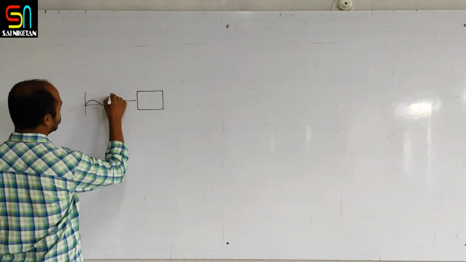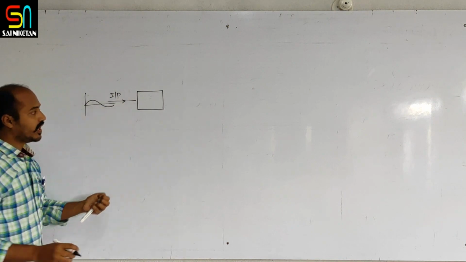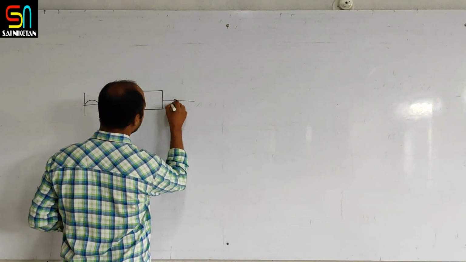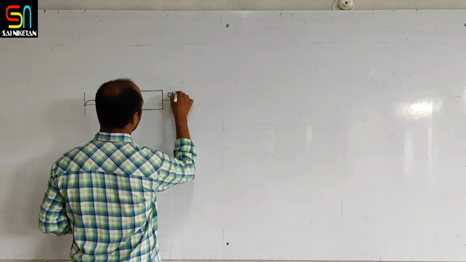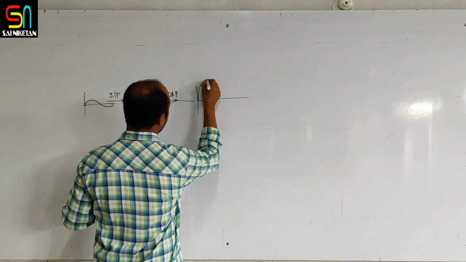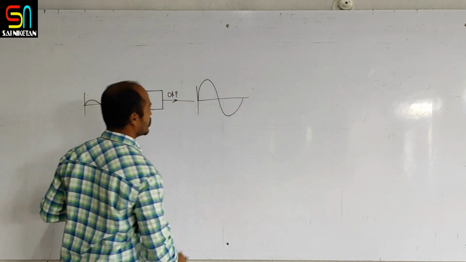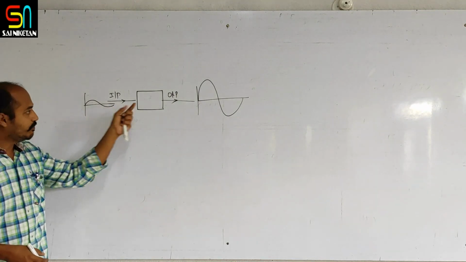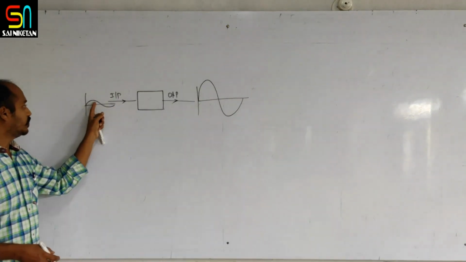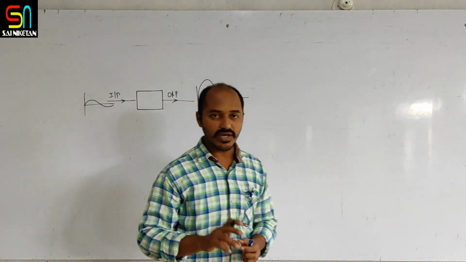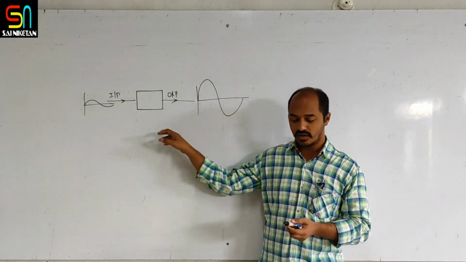this is the input, and this is the amplifier device, and the output of the device is obtained such that its amplitude is very large. So here the output amplitude is very large compared to the input amplitude. This phenomenon is called amplification, and the device used for it is called an amplifier.